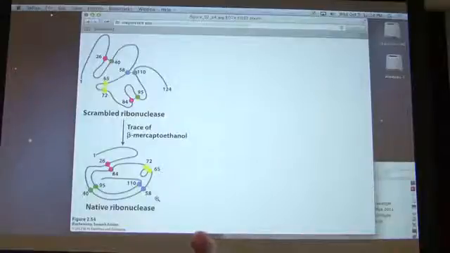It will unfold, and it'll be in the denatured form. It's interesting that if I take away the urea very slowly, and I take away the beta-mercaptoethanol, what will happen is over time, I will see a little bit of the ribonuclease activity begin to return. Now, what does that mean? That tells us, as convincingly as anything, that the sequence of amino acids can determine the folding of a protein.